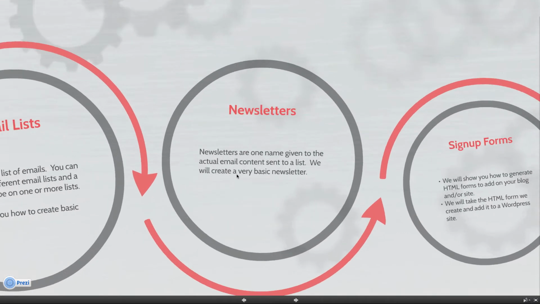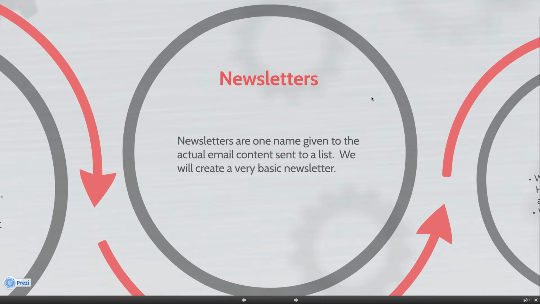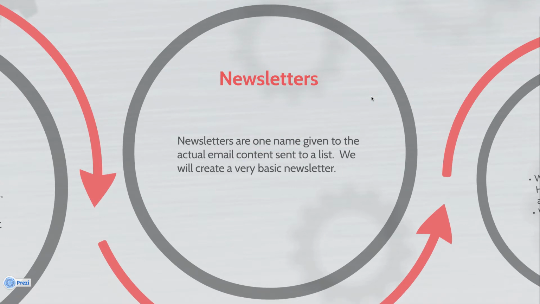The next is newsletters. Newsletters is a generic term for an email with content that goes out to a list. So a newsletter is simply an email that is sent to a particular list. And in AWeber, we're going to show you how to create a newsletter.